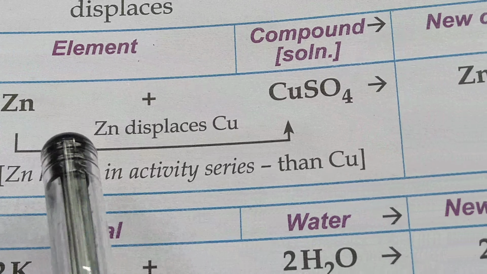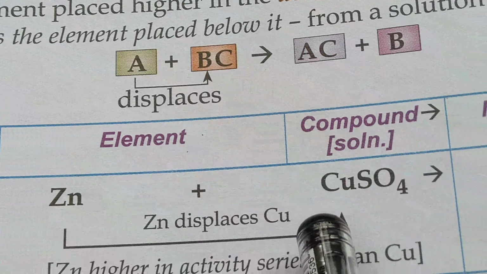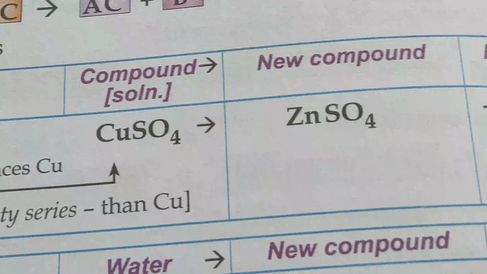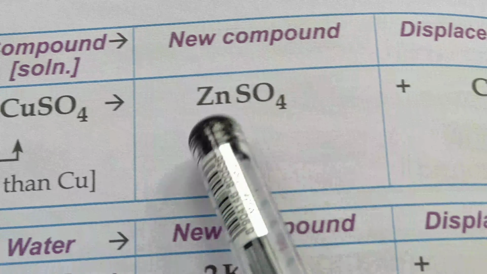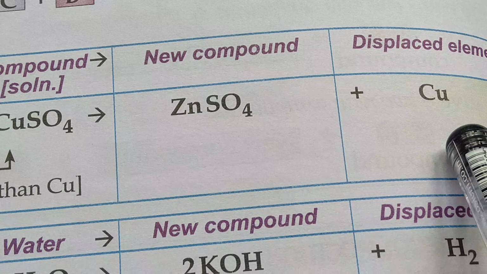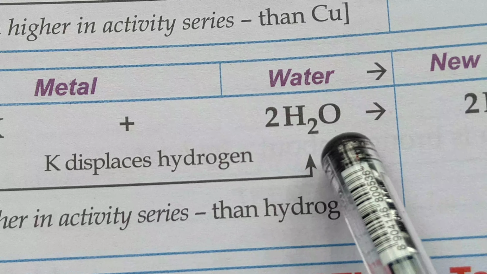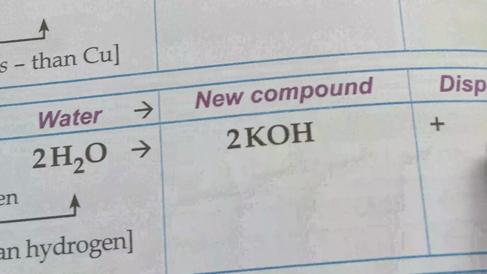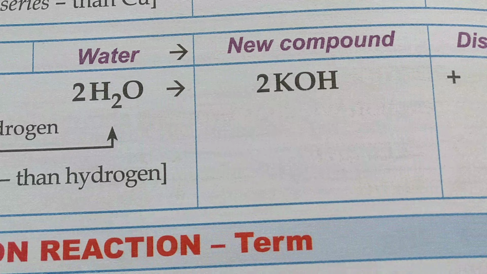Zinc, when it reacts with copper sulfate, displaces copper from its place. It produces zinc sulfate plus copper is released. Same way, potassium plus H2O. Potassium displaces hydrogen and produces potassium hydroxide plus hydrogen.